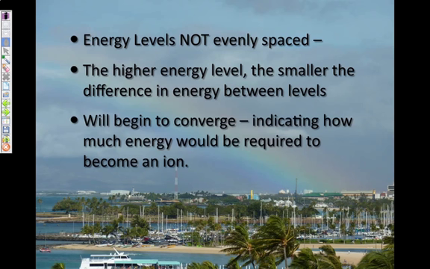And then eventually they begin to converge, so they get closer and closer together, until the point where you can't tell any difference. And this is where we would be able to form an ion. An electron would leave, and that's how much energy would be required to make that electron leave. And then it becomes an ion, specifically a cation, because it has lost an electron.